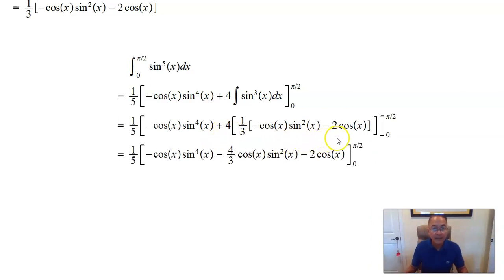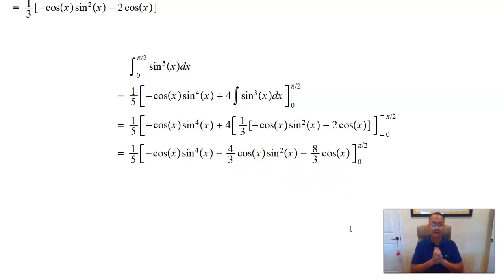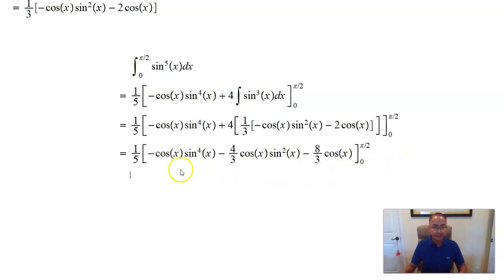And then let's make sure we see this correctly. So minus 2 gets distributed to the 1/3 and the 4. So that's minus 8/3, minus 8/3 cosine of x. One more time. Minus 4/3 here, cosine sine squared. 4/3 times minus 2, minus 8/3. I think that's correct. So we are now ready to plug in the endpoints.